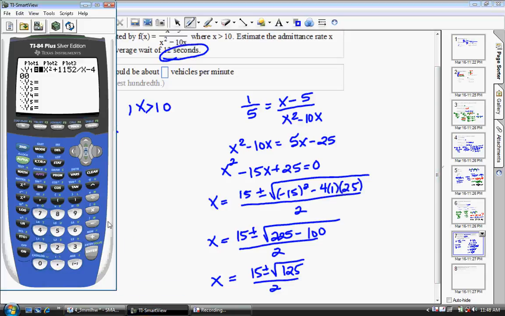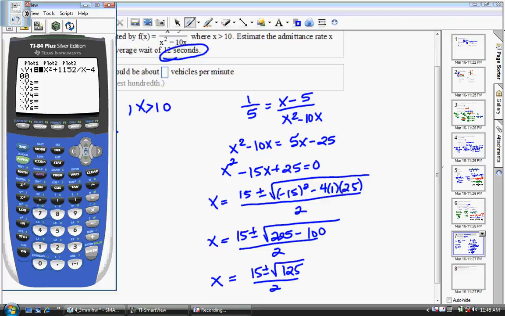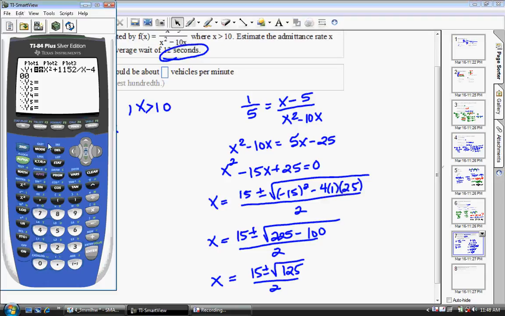Now on the calculator, you could input that if you wanted. We have in parentheses 15 plus the square root of 125, close the radical, close the numerator, divided by 2 is 13.09.